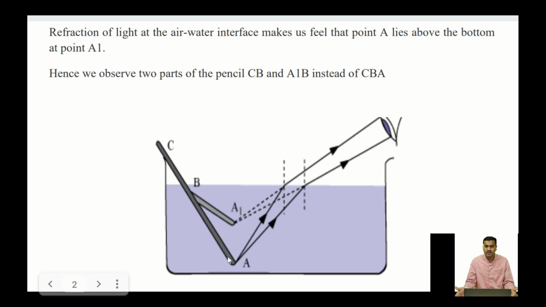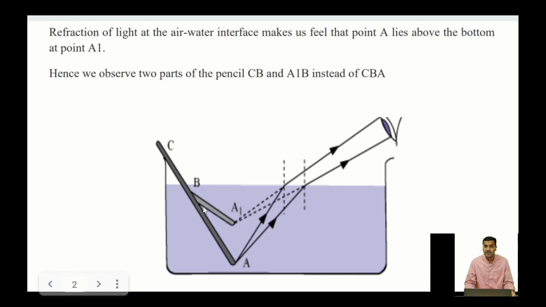See here, I have taken a ray diagram. You can see ABC is the actual position of the pencil, but due to the normal shift, the point A is shifted to A1. Every point in A is shifted to A1.